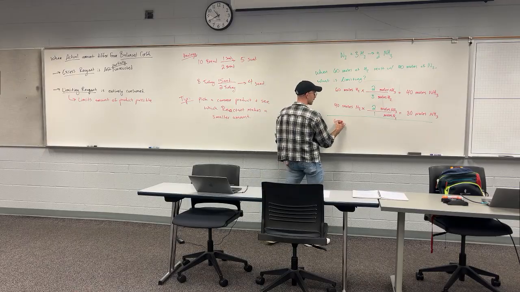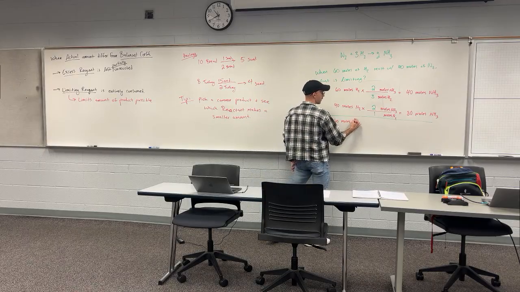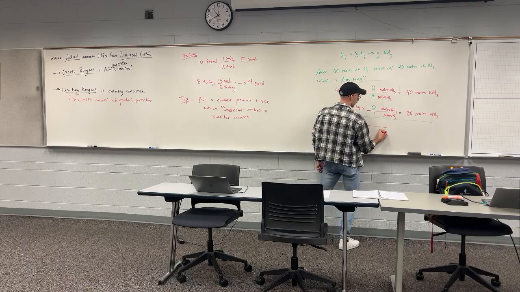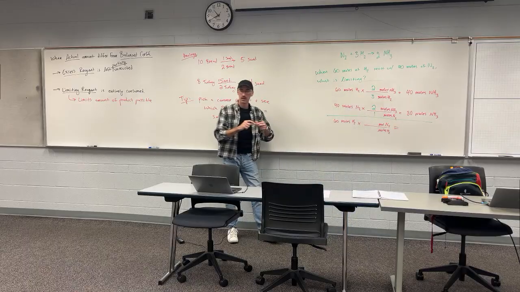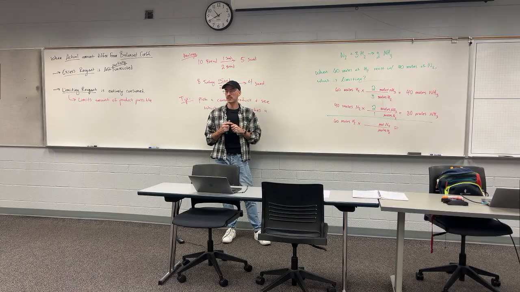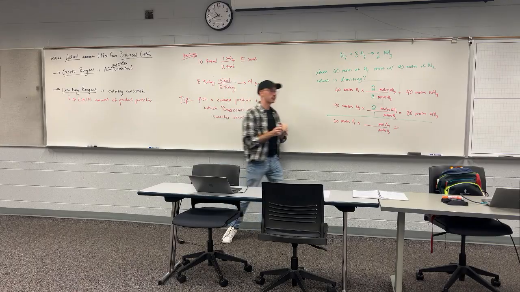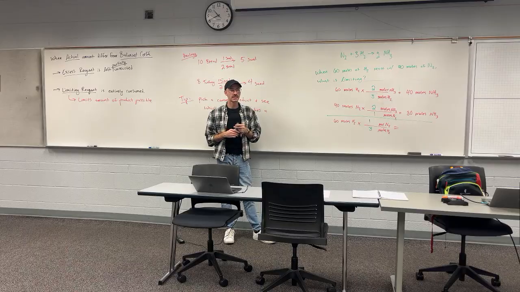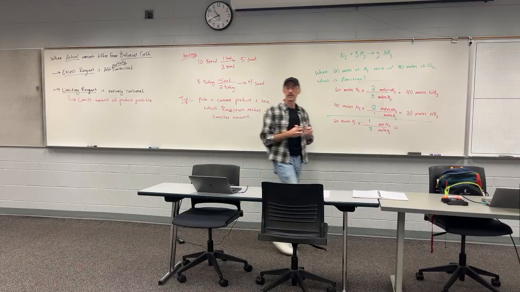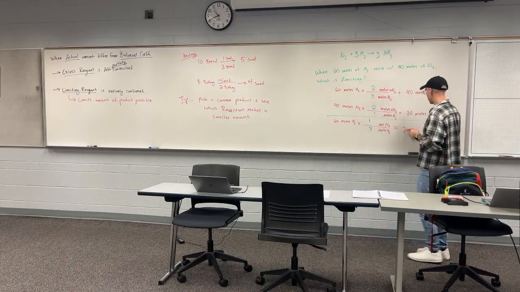We could say 60 moles of H2, converting from moles of H2 into moles of N2. What are my coefficients here? One mole of N2 requires 3 moles of H2. 60 divided by 3, 20 moles.